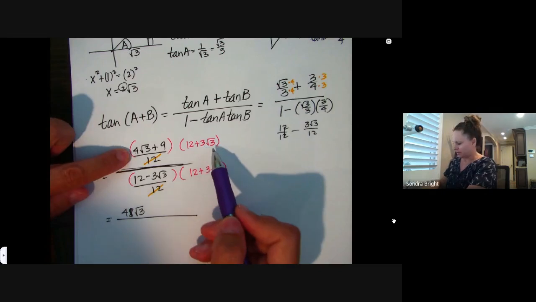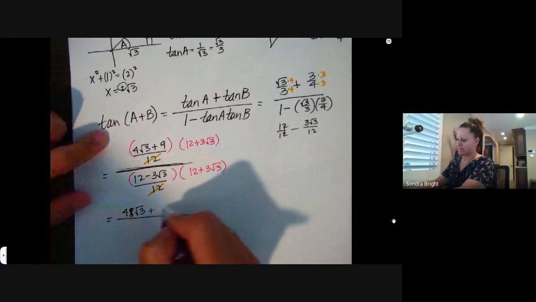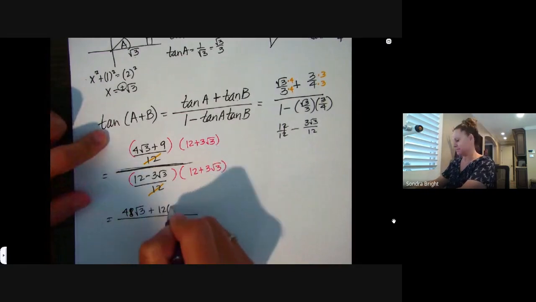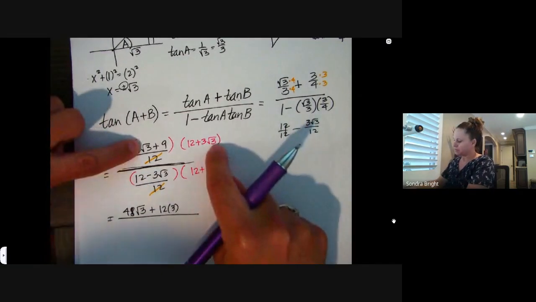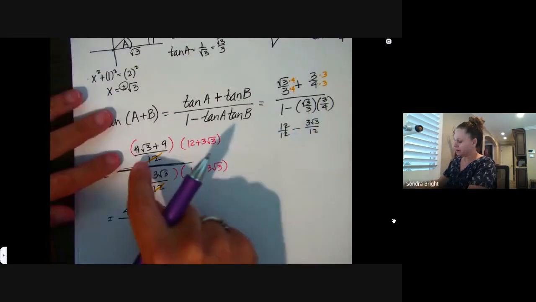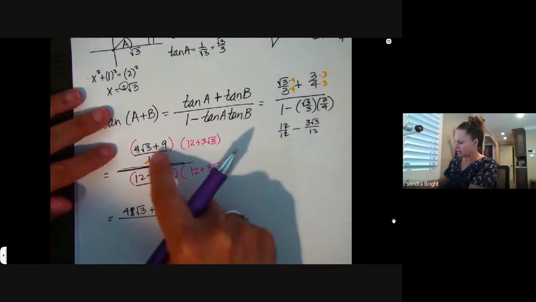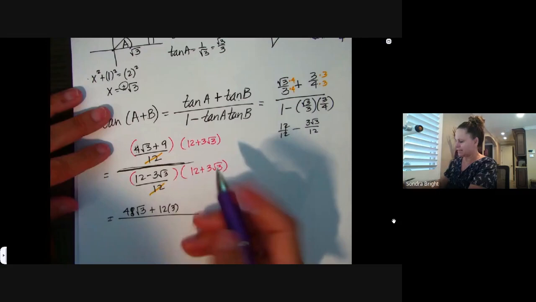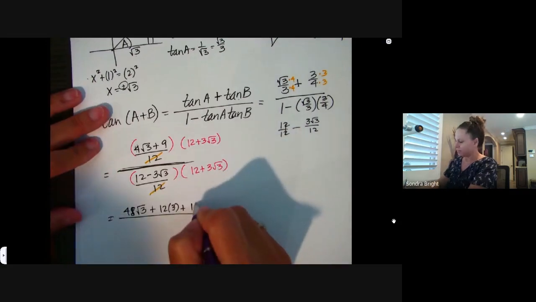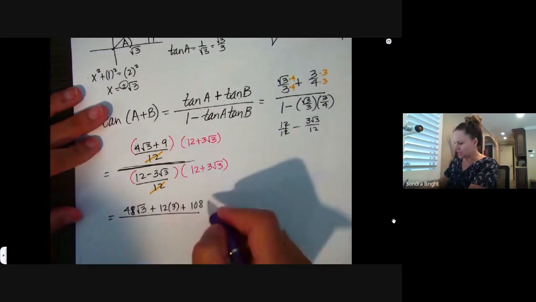So it's 12 times 3, because it's the 4 times the 3 and then times rad 3 and rad 3. So that was first times first, outer and outer. Inner and inner is 12 and 9 multiplied together, which is 108. And then 9 times 3 rad 3 will be 27 rad 3.